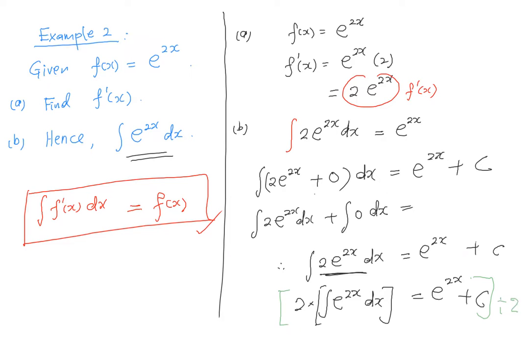If I divide the whole equation by 2, on my left-hand side I will get this, and my right-hand side will be, you want to put c over 2 also can, you put c also not wrong. Hello, are you clear? Now, do you know how to work with it?